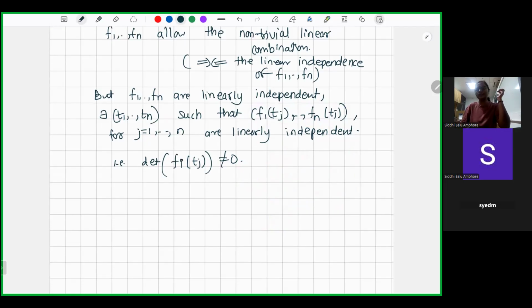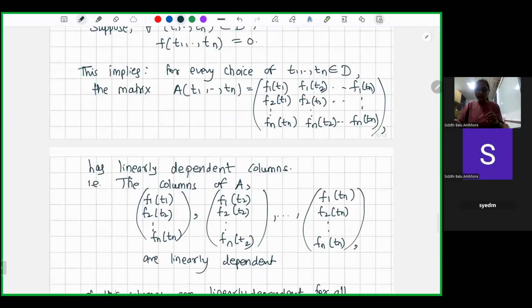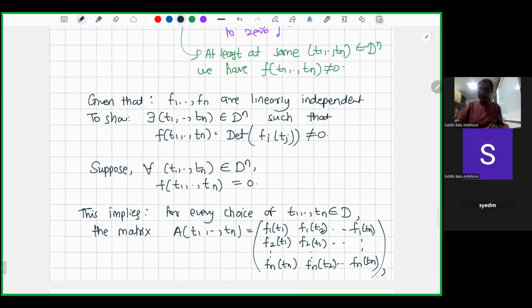I mean, even this is not that trivial, but yes, we can arrive at it. Ultimately we have to find these vectors T1 to Tn such that the determinant is non-zero. That's what our aim was, that there exists some T1 to Tn for which this determinant is non-zero.